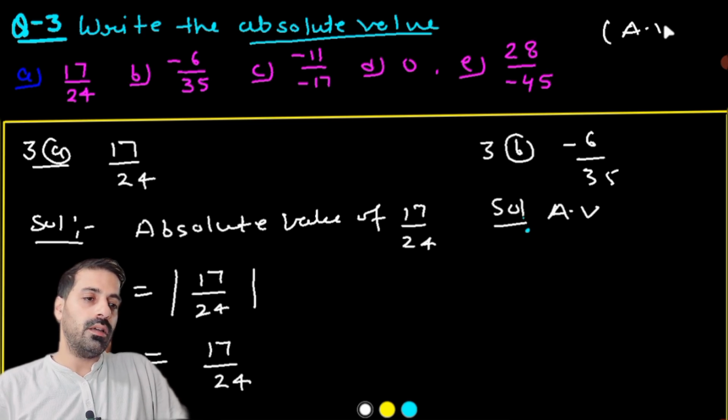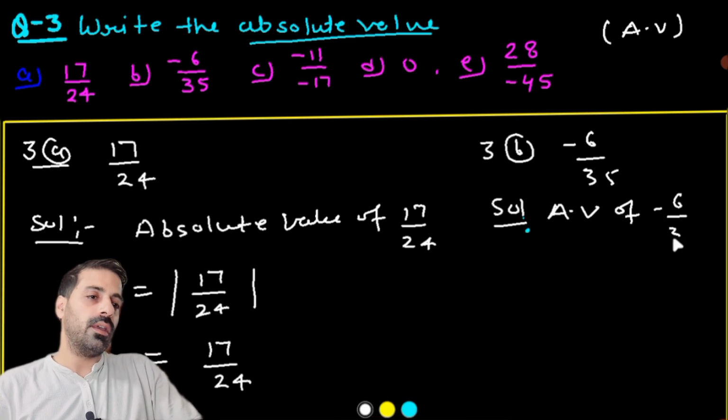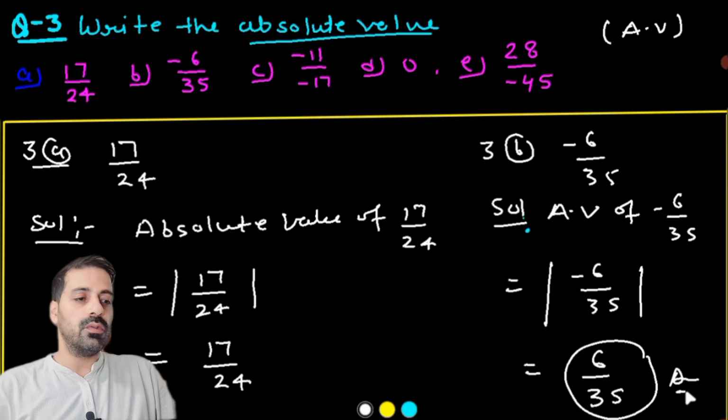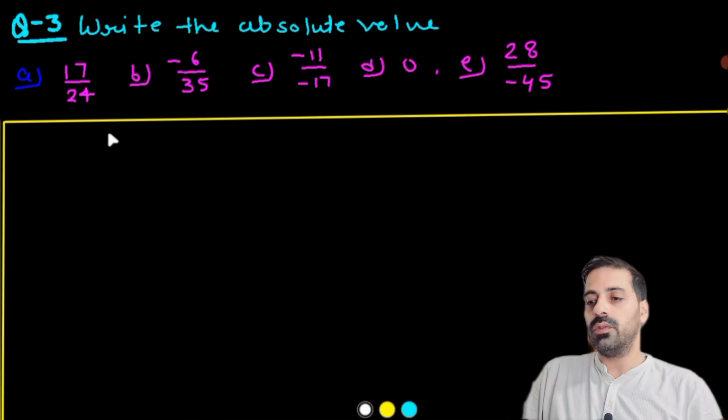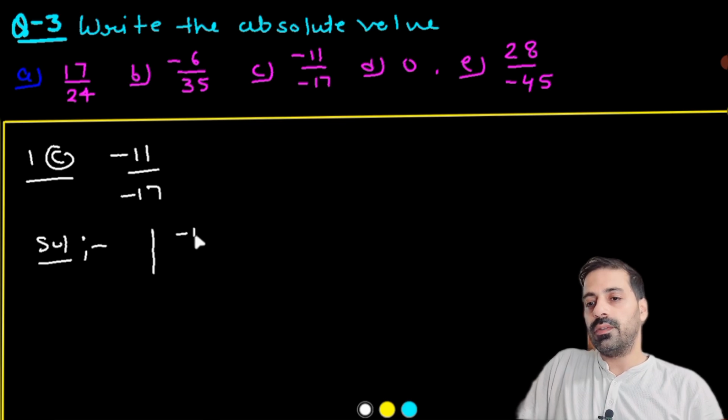Now the B part is negative 6 upon 35. Again I write the absolute value of negative 6 upon 35, which will be 6 upon 35. So the absolute value is always positive. So this is the answer of this question. Now take another part of this question, the C part: negative 11 upon negative 17.